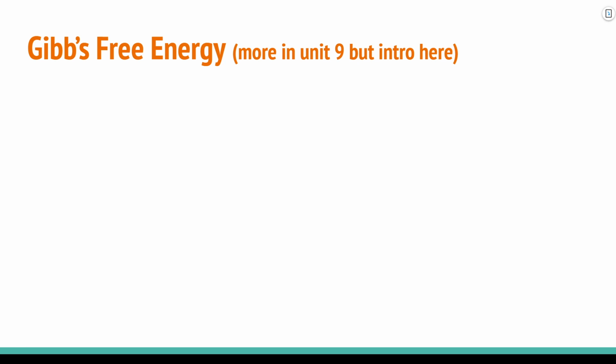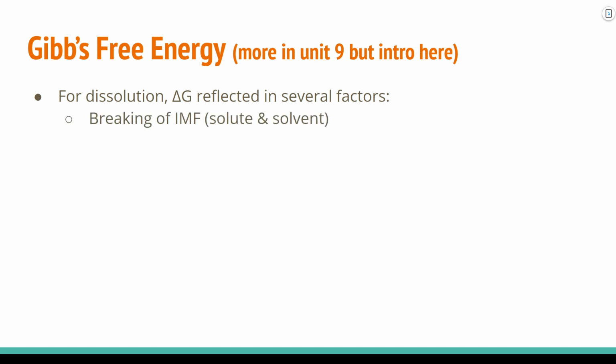Cool. Okay. So, dissolution. Delta G is related to the different factors we talked about. So when we're talking about dissolution, we're talking about dissolving something. So the first thing we need to think about are IMFs. So we need to think about the solute IMFs to itself, so the various solute particles to the other solute particles.